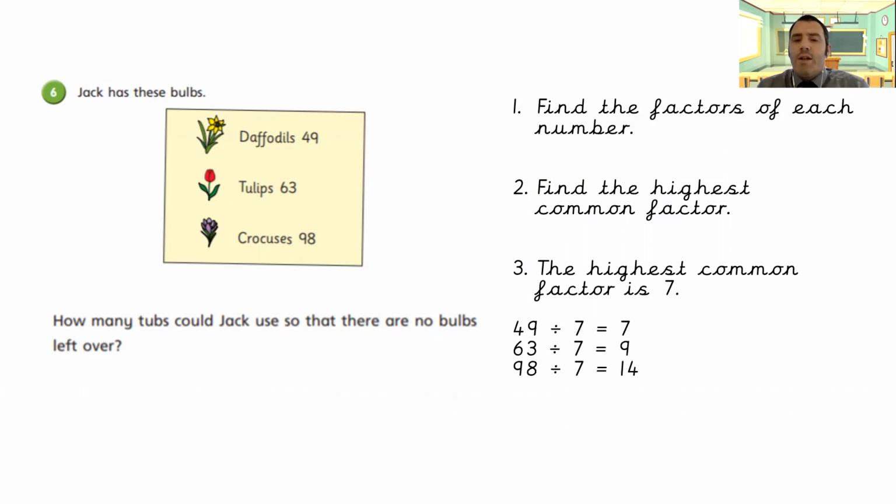So it's not in our times tables that we know, but we know we can partition the number down. So we can have 70 and 28. So if we did a part-whole model with 98, we can take 10 sevens off, which would be 70, leaving us with 28. And we know that 4 sevens makes 28. So we'd have 10 and 4. So that was my method of working this out.